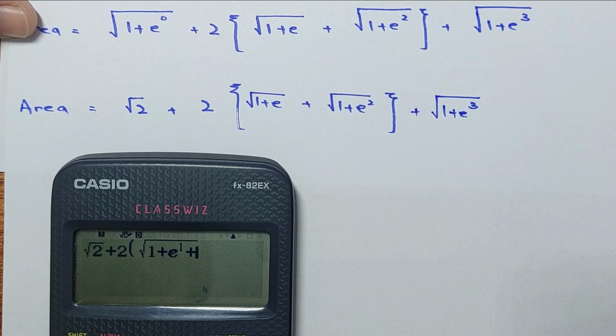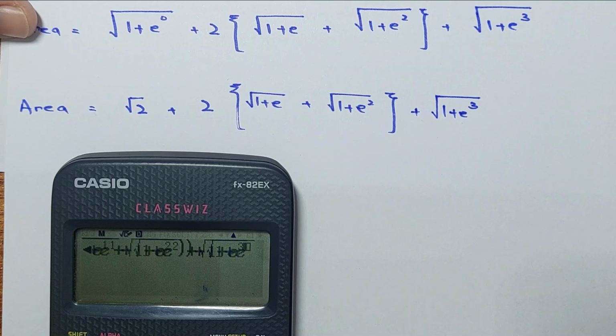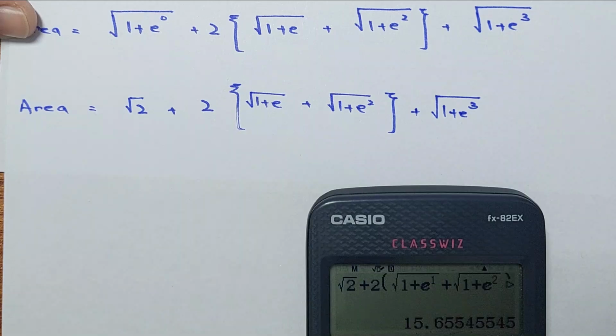plus, sorry, 1 plus square root 1 plus e squared, bracket, plus square root 1 plus e cubed. 15.65.